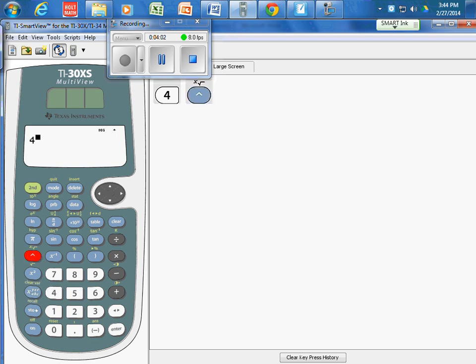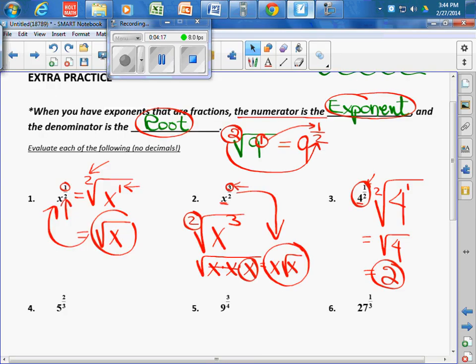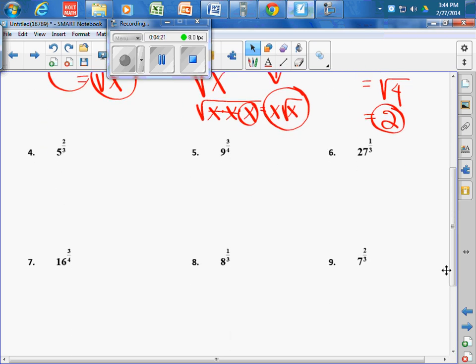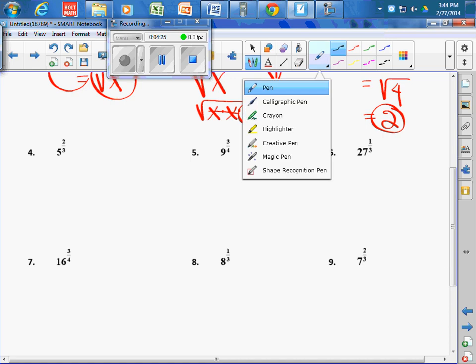So 4 raised to the, and now we're going to do the 1/2 power. So we're going to do 1 fraction 2. It's the same thing as taking the square root of 4. And you can use your calculator every time if you'd like, if it comes out to be even. Sometimes they don't. And if they don't, they're going to have to work it out manually.